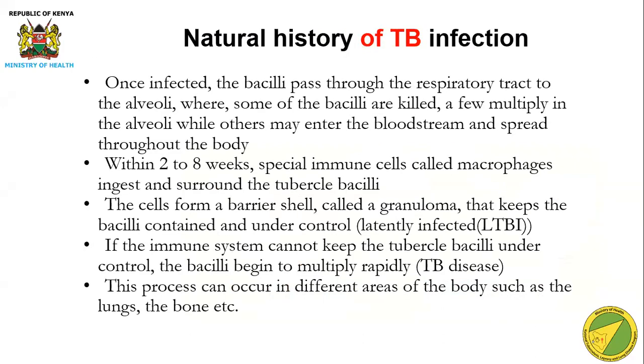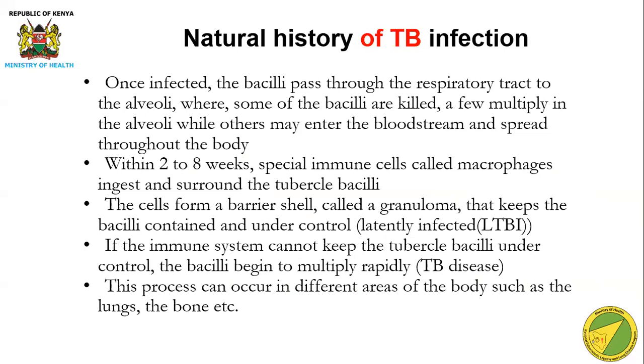So the natural history of TB infection is that once infected, the bacilli pass through the respiratory tract to the alveoli, where some of the bacilli are killed by the body's immune system. A few might multiply in the alveoli, while others may enter the bloodstream and spread throughout the body.